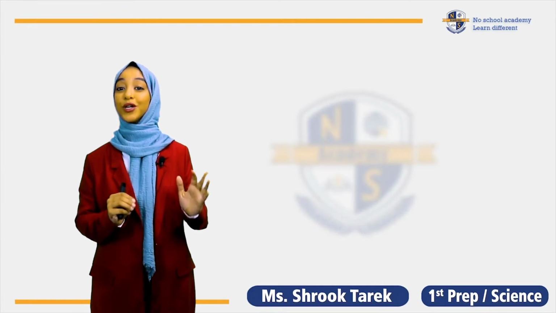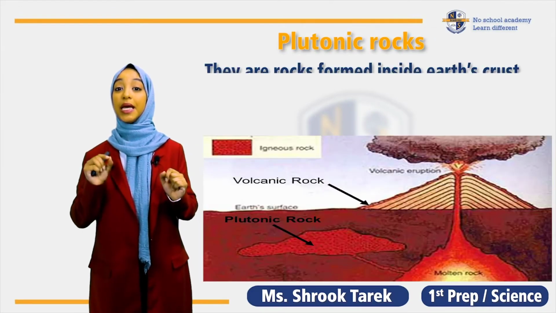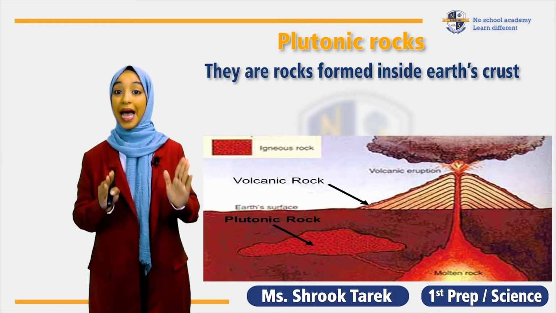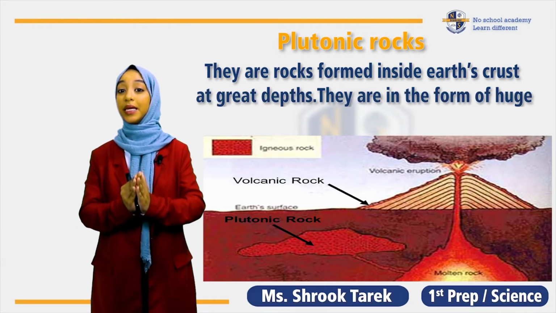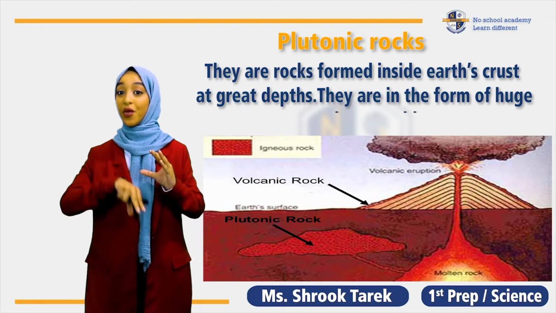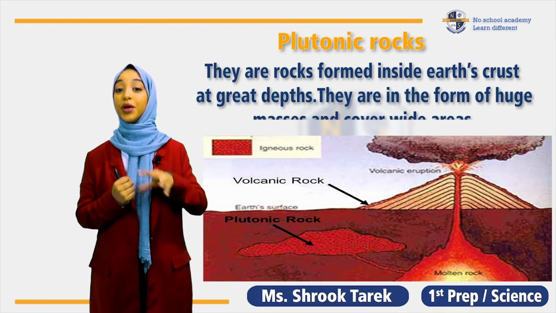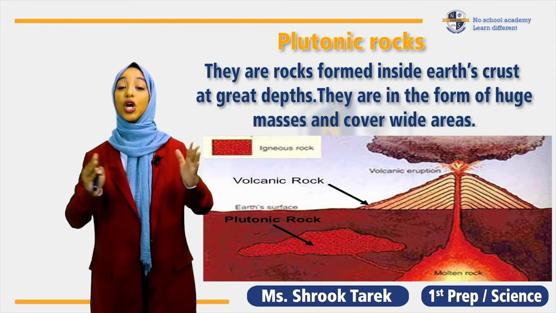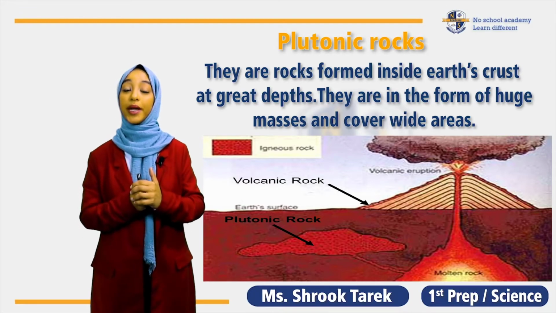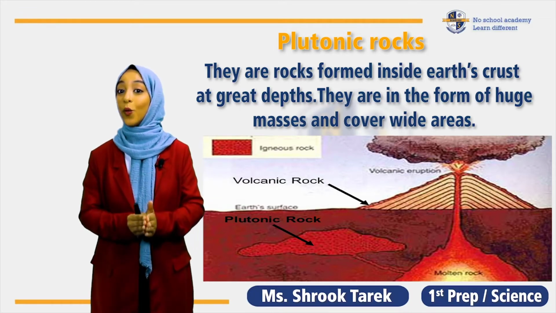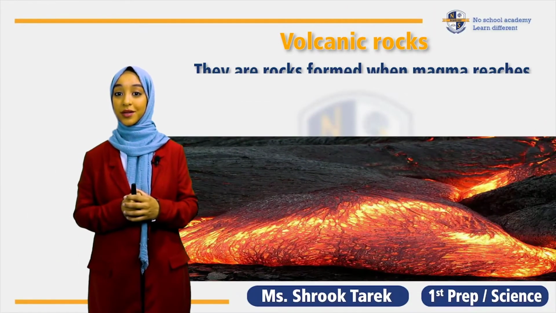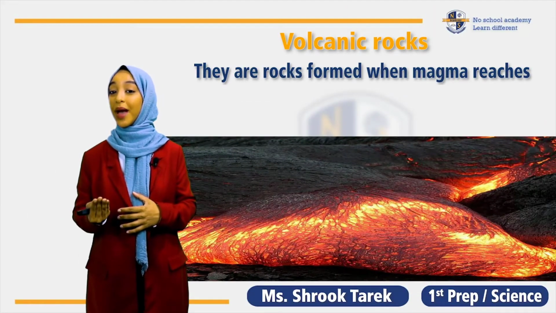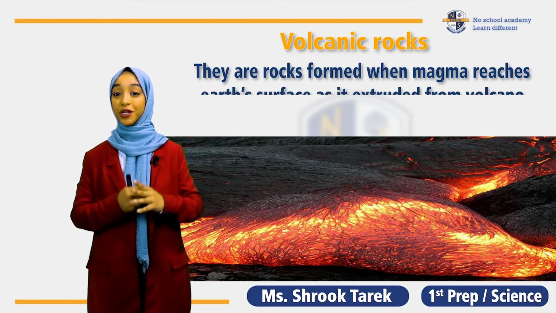يعني البلوتونيك rocks are formed inside the earth's crust at a great depth. يبقى بتكون نتيجة the cooling of the magma inside the earth's crust and it covers huge masses and wide areas. طيب what about volcanic rocks or surface rocks؟ من اسمها, when the magma reaches the earth's surface.